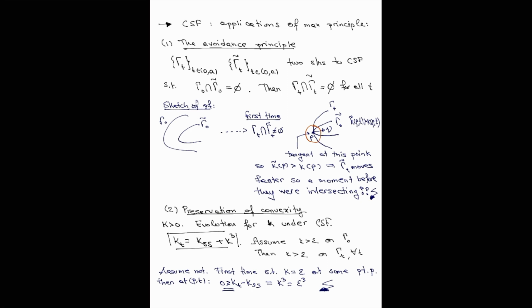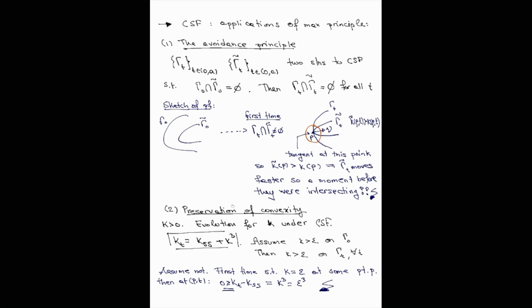Right. Now, another thing we can do with the maximum principle is that it helps us show that a lot of quantities are preserved. For example, a nice property is that convexity is preserved.